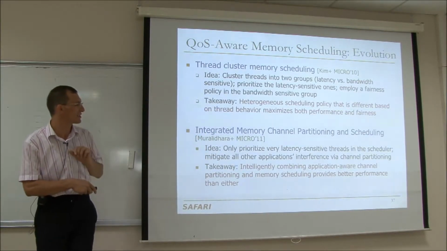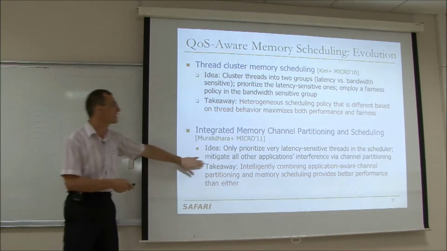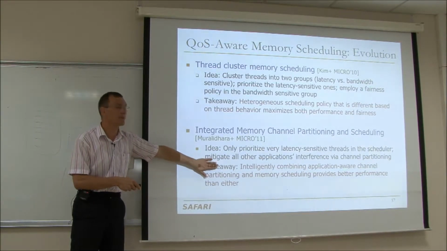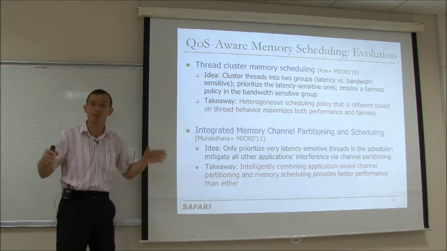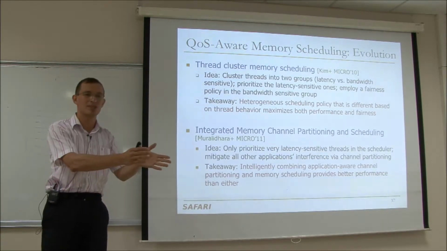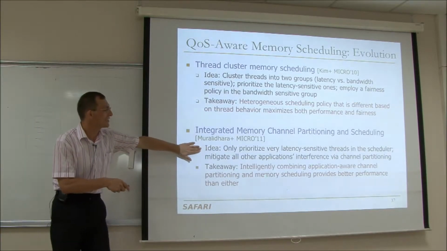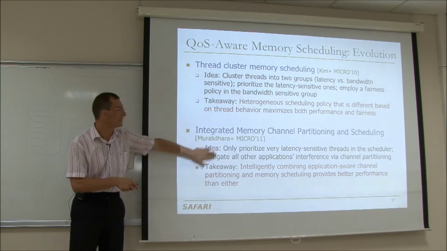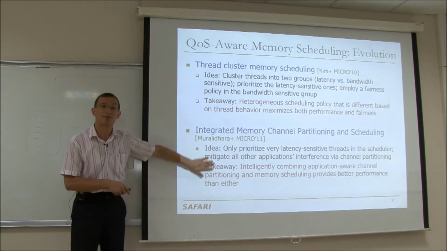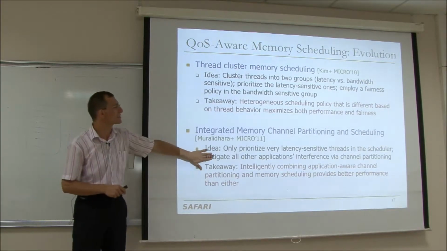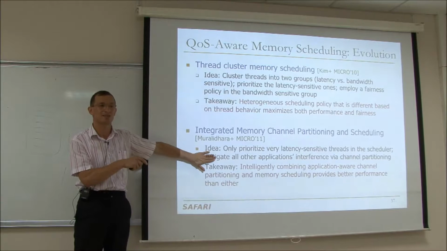So we'll discuss this in a little bit more detail. Basically, the key takeaway here is that if you intelligently combine application-aware channel partitioning such that you reduce interference, application A goes to this channel, application B goes to this channel, and also do slightly intelligent scheduling, that provides better performance than doing either alone.